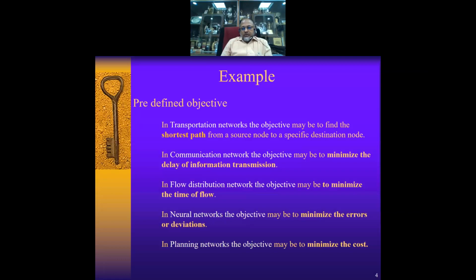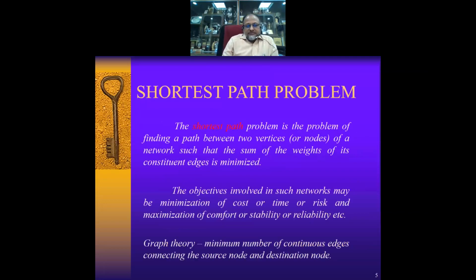In a communication network, the objective may be to minimize the delay of information transmission. Similarly, in a flow distribution network, the objective may be to minimize the time of flow. In a neural network, the objective may be to minimize the errors or deviation. Similarly, the objective in planning networks may be to minimize the costs.